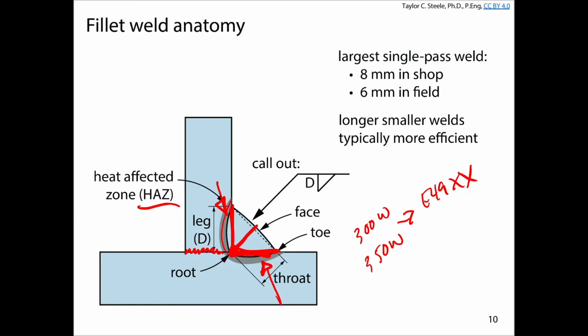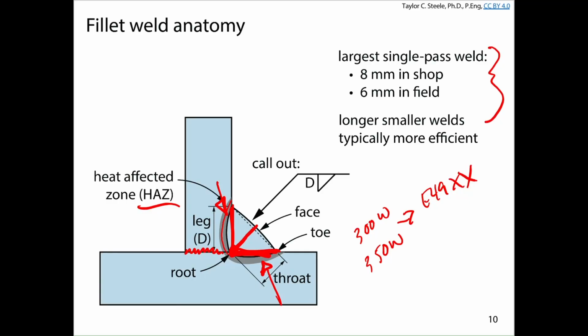When we're making these welds, there are some things to consider, and this is important if you're the engineer of record specifying things or the engineer for the fabricator. If you're welding in the shop, you're in a very well-controlled environment, and so you can make a weld with a single pass of the electrode so that D is equal to 8 millimeters. That's the maximum weld size you could generate in the shop.